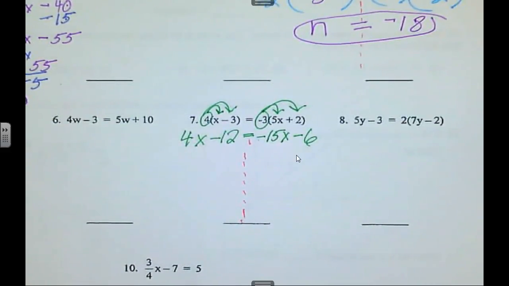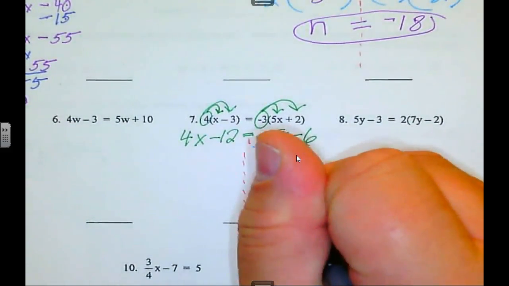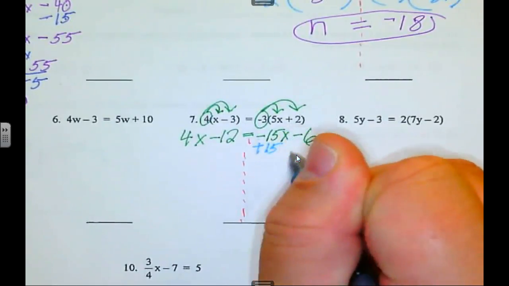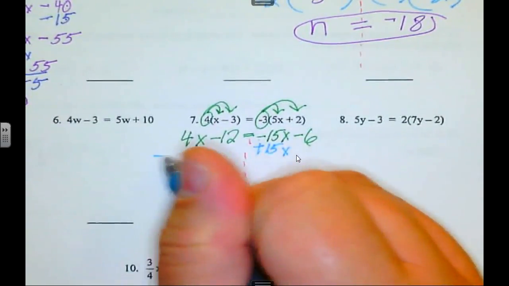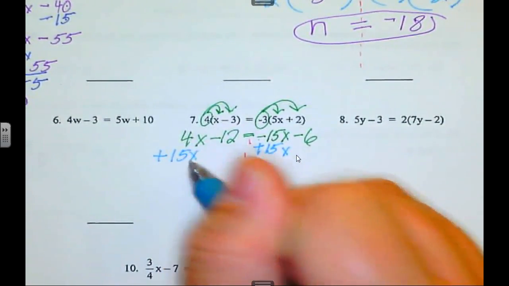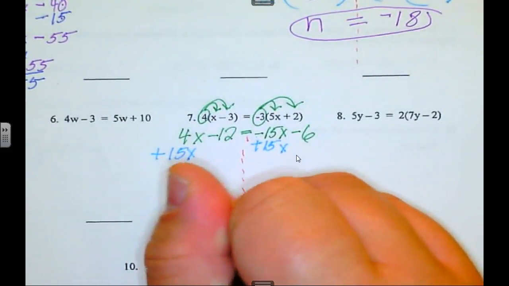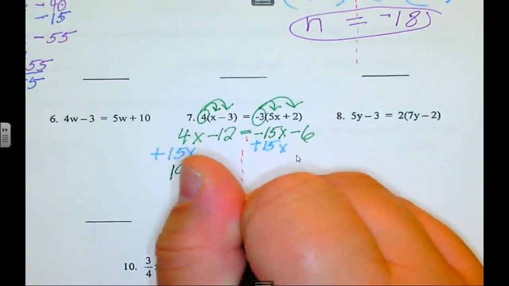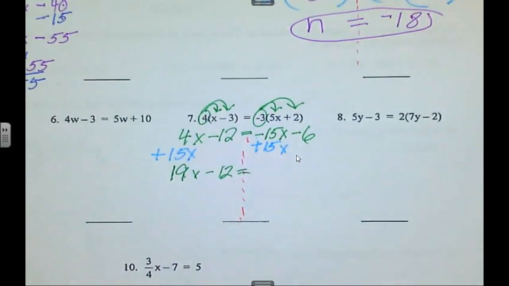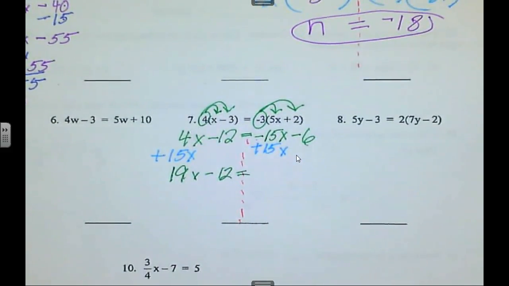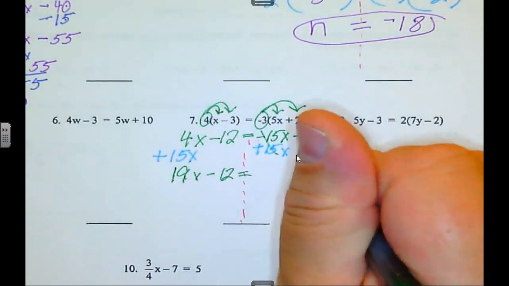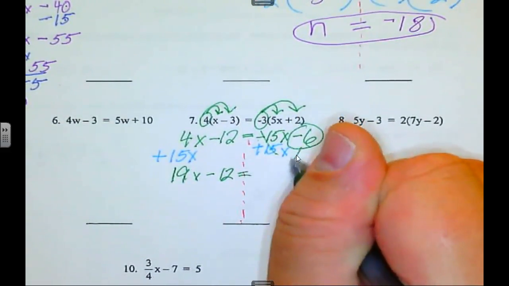Personally, I would add 15x to both sides to keep my x's positive. I'm going to add 15x to both sides. So I get 19x minus 12. 15x is canceled 0. Careful, I have a minus 6 here.